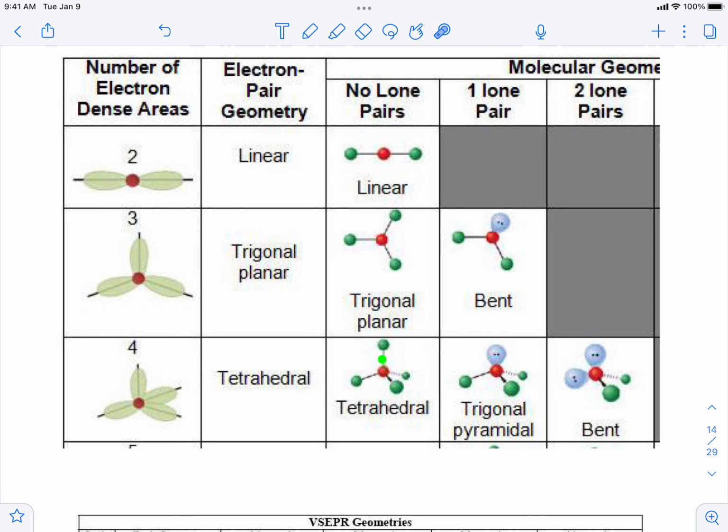Your first shape is tetrahedral if there's atoms bonded in all four places. But if one of those atoms is a lone pair, then this is trigonal pyramid. And if two of those are lone pairs, this is now what we call bent. So you will need to be able to draw Lewis diagrams and determine which three-dimensional shape, what molecular geometry they're going to have based on how many bonding pairs and how many lone pairs they have.